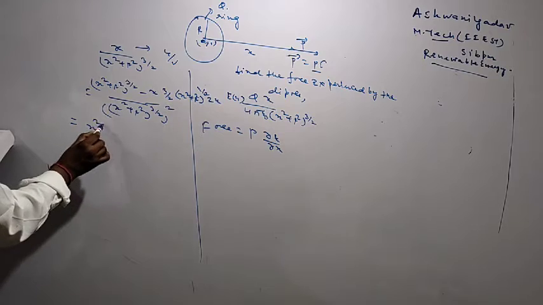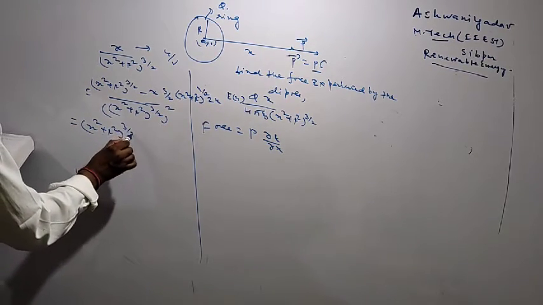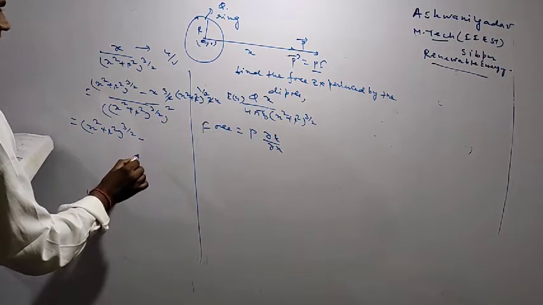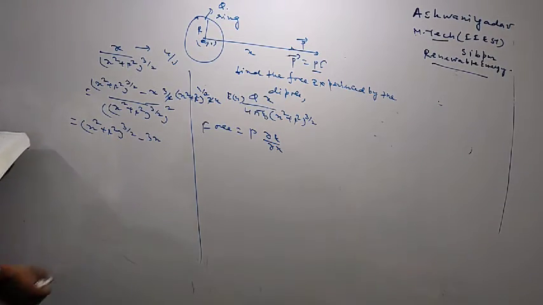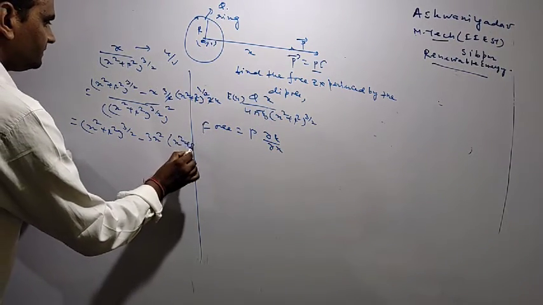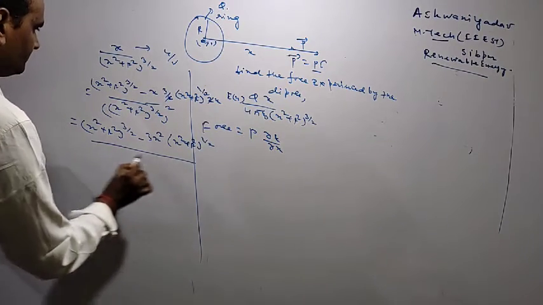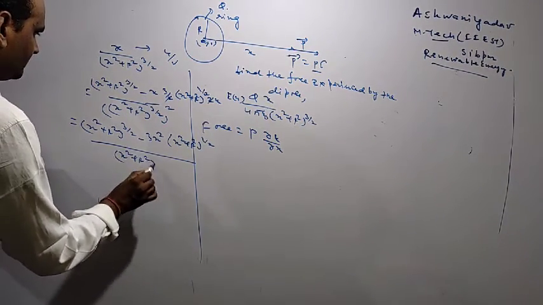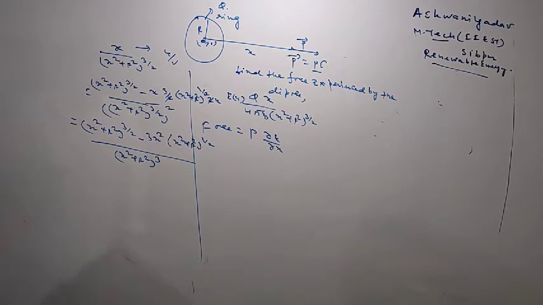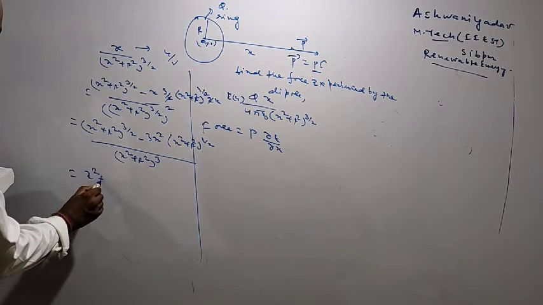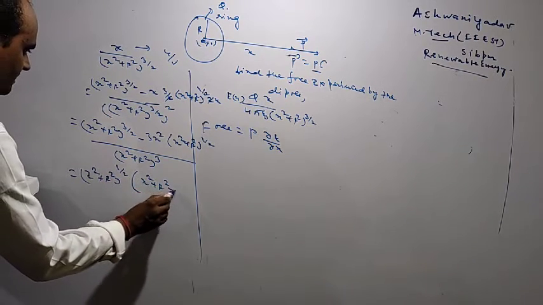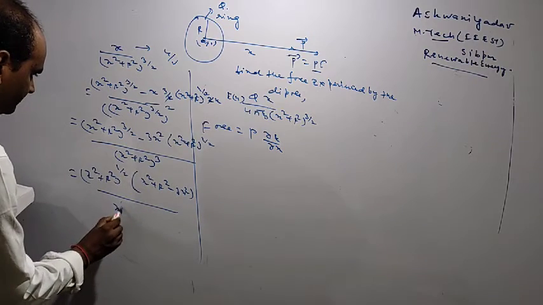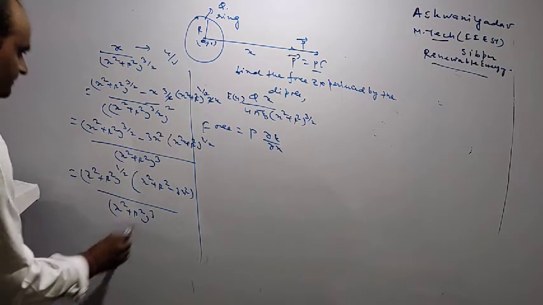So we have now (x square plus r square) to the power 3/2 minus, this is going to be cancelled out, 3x square times (x square plus r square) to the power half, by (x square plus r square) to the power 3. So we can take the common (x square plus r square) to the power half. Then we have x square plus r square minus 3x square, by (x square plus r square) to the power cube.